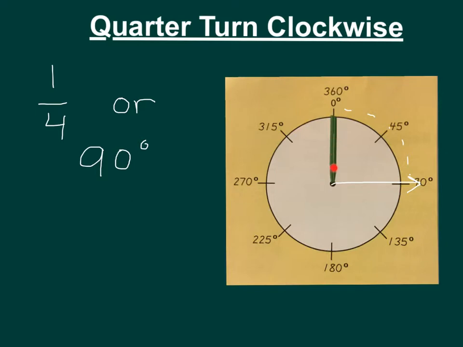Look at the circle now. If you said a right angle, you're correct. Notice, I can add a square corner. A 90-degree angle is the same as a right angle, or a 1/4 turn.